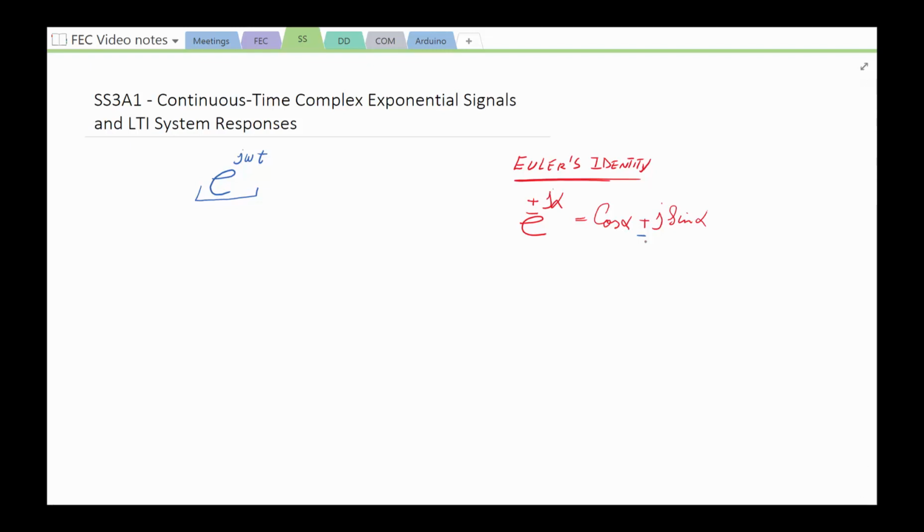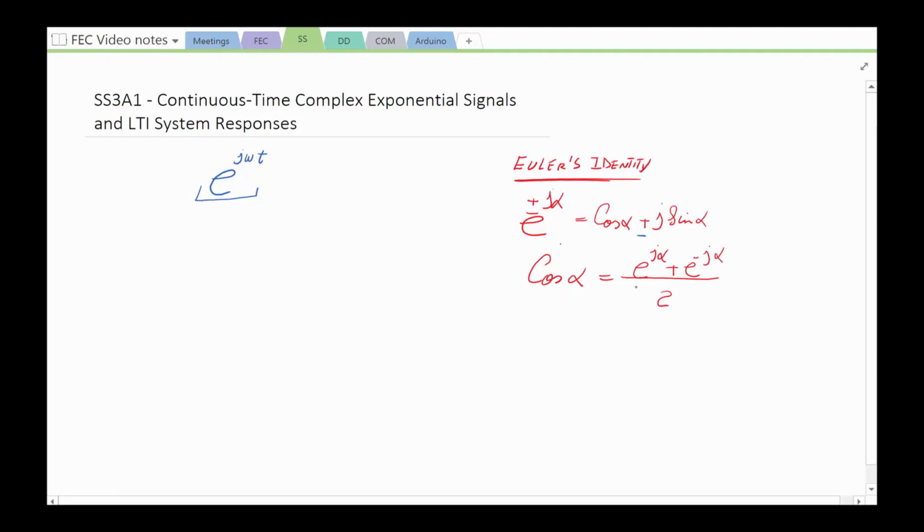So we can go from a sine or a cosine to e to the j omega. Cosine of alpha is equal to e to the j alpha plus e to the minus j alpha, divided by 2.